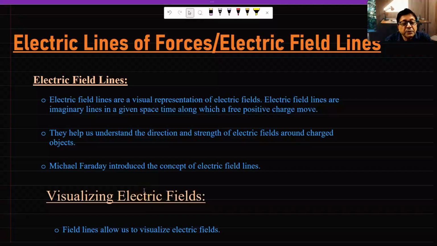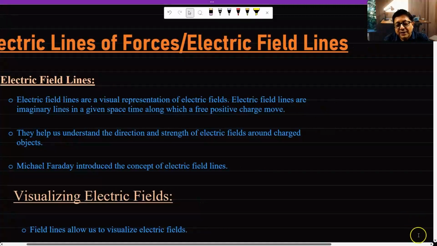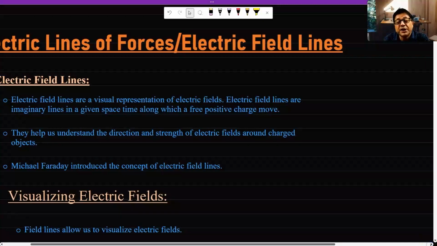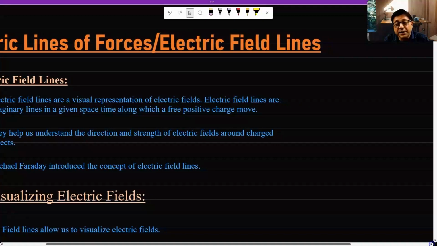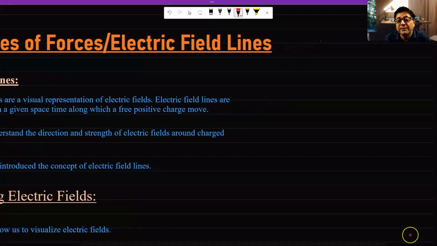Before we start visualizing the electric field, let me explain the way Faraday explained the drawing of electric field lines in his book. You know the strength of the electric field due to a point charge at a point can be found by the formula.